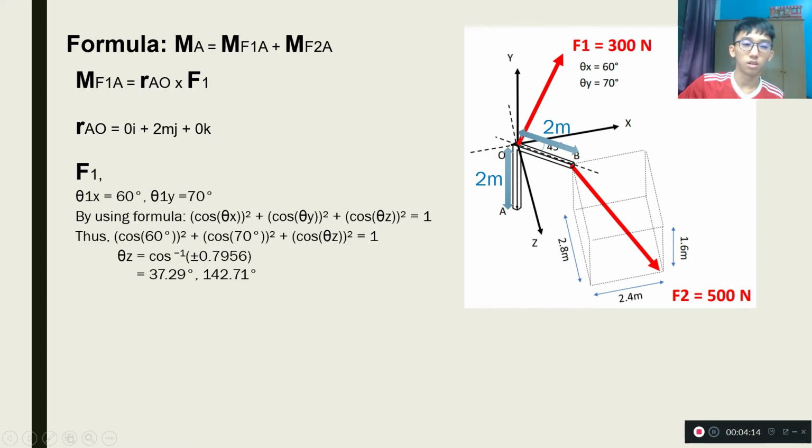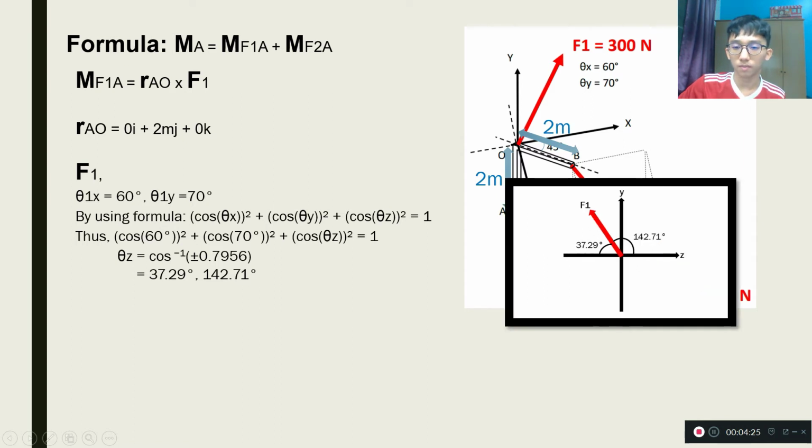The reason why we get two different values for theta z is because you can see more clearly with this diagram. You can see F1 is here, our z-axis is here, and our y-axis is here.